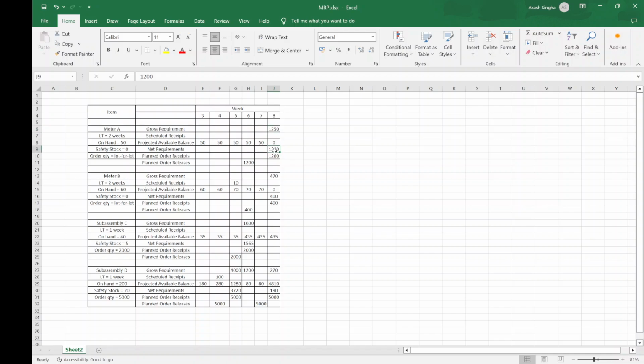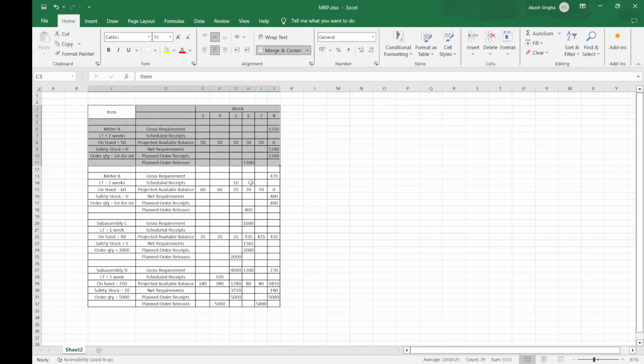So net requirement is 1200 in the eighth week, and planned order receipt should be 1200 at the eighth week. On which date do we have to order? It should be 2 weeks before the eighth week, so that after 2 weeks the product will be in our hand. So the planned order release will be in the sixth week. Okay, so this is done for meter A.